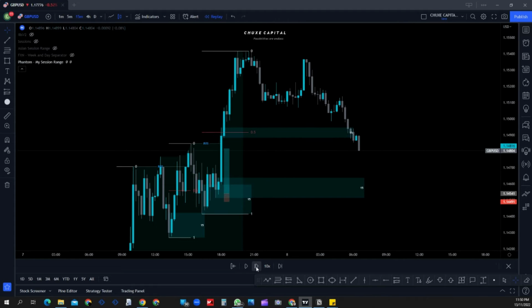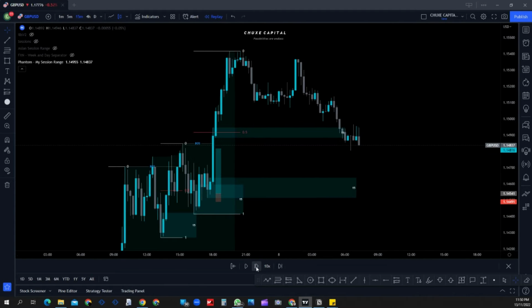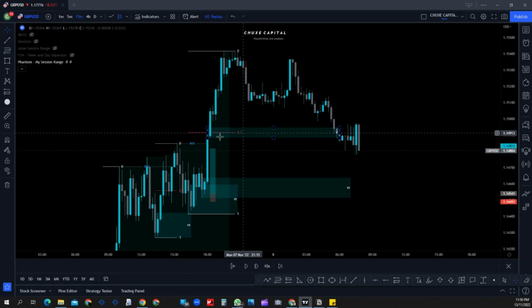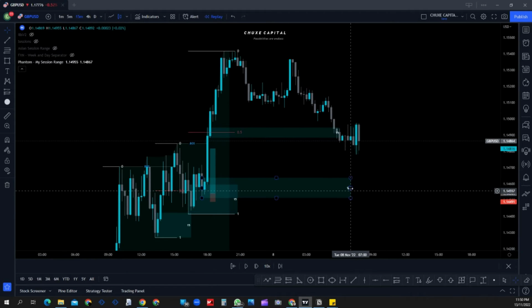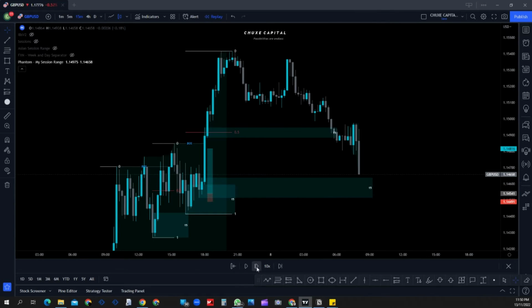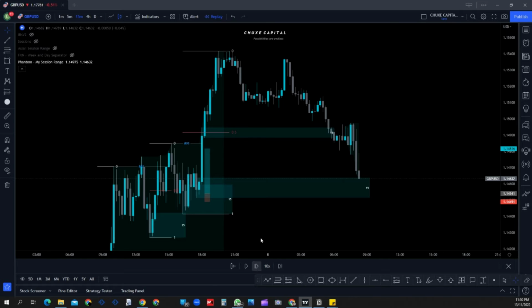Okay, see what happens. So there's this imbalance here. So the anticipation is that that will drop price down further here. So let's see. So that draws it, taps into it.